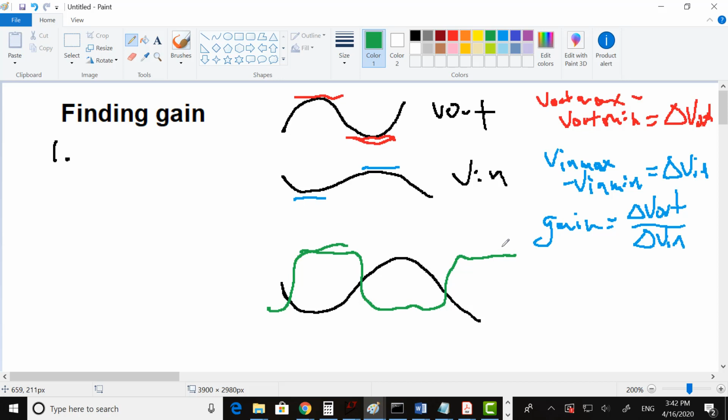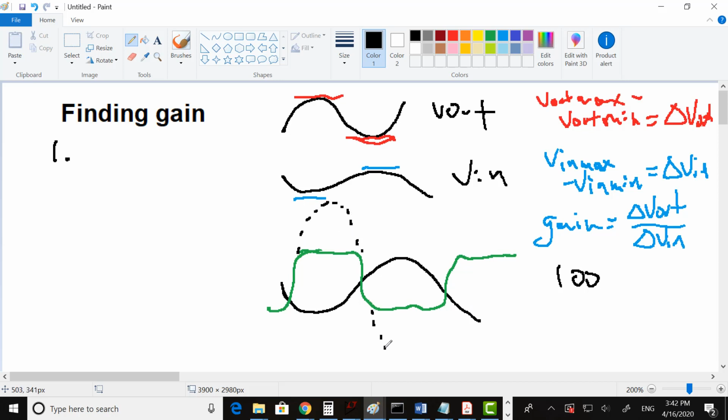Okay, so there's a reason for this, and it is that V out can't go higher than your supply voltage. So if your amplifier has a gain of 100, just as an example, it's trying to multiply this input signal by 100, but that would go very much higher if it was a gain of 100.